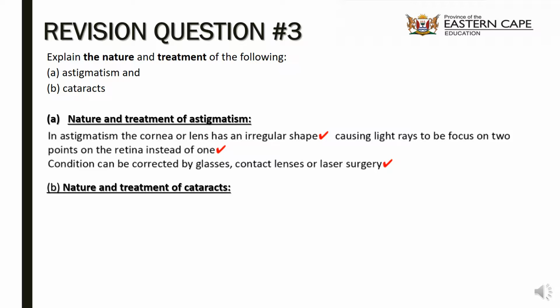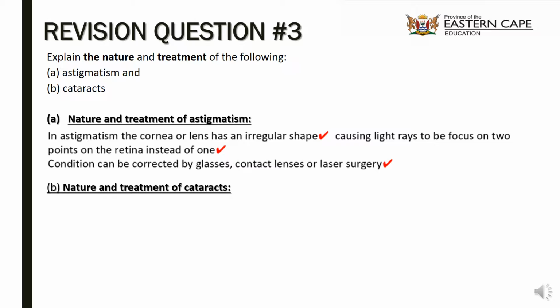And because they're focused on two or more points on the retina, what is this going to do? It's going to cause multiple images. So your image is going to be blurry. You're not going to have a very clear image, only because the shape of the cornea or the lens was not as was expected.